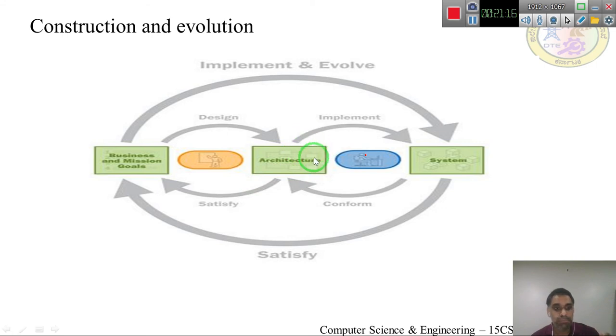Some architecture-provided partitioning can naturally be used for constructing the system. So sometimes it divides the system into small components, and sometimes the architecture helps you construct the overall system by connecting the components.